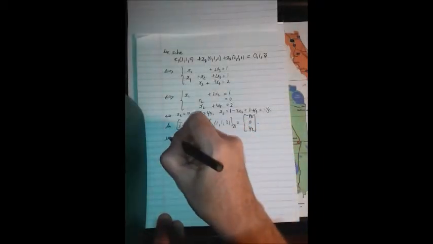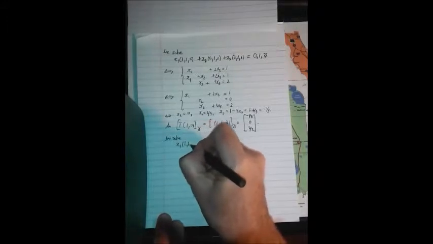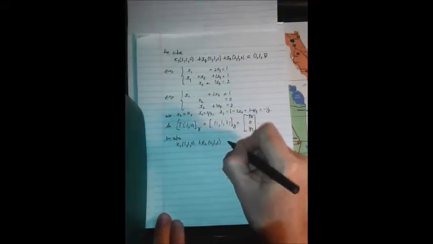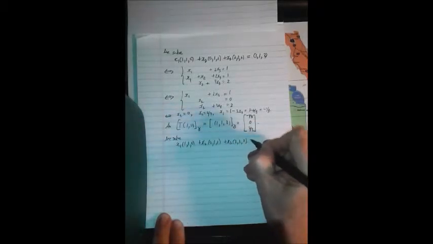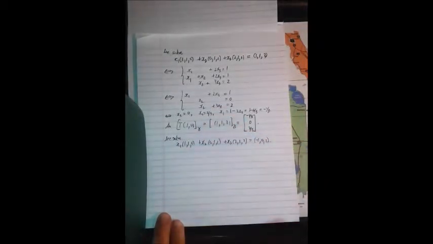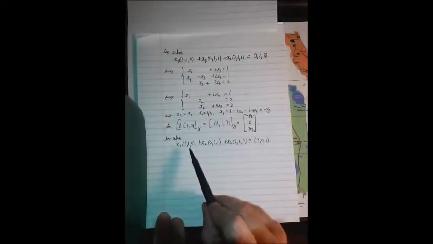Okay, so next we need to calculate the coordinate vector of (-1, 0, 1). So again, we solve a vector equation. This time we want to express (-1, 0, 1) in terms of the basis vectors in gamma.